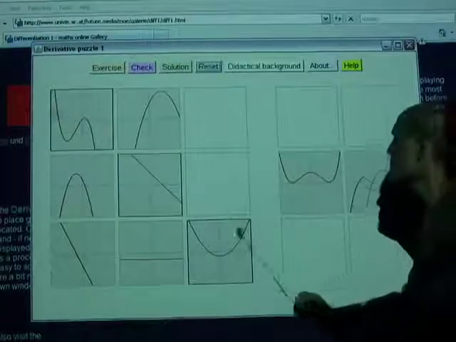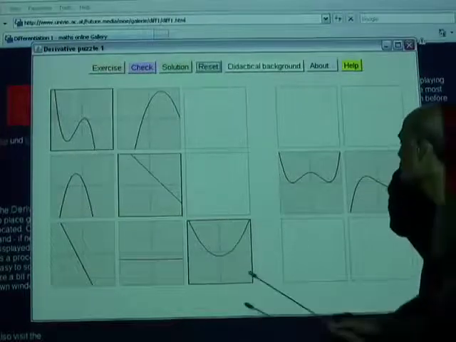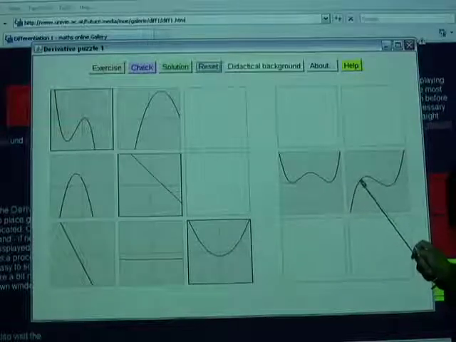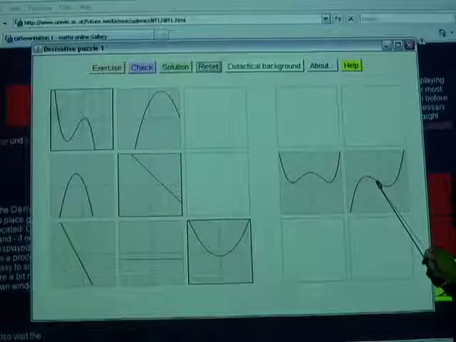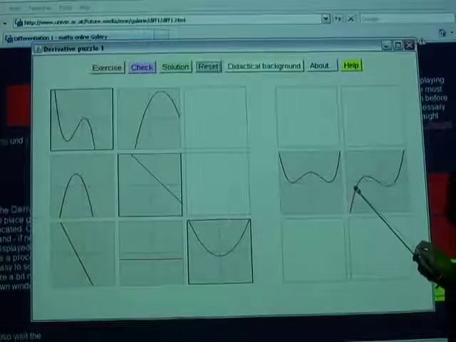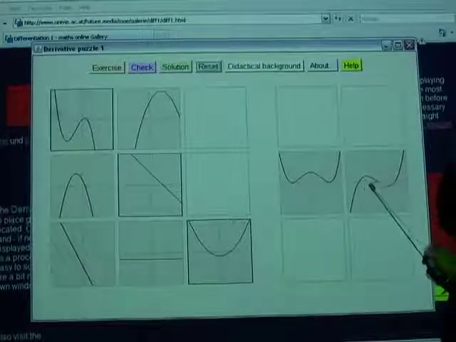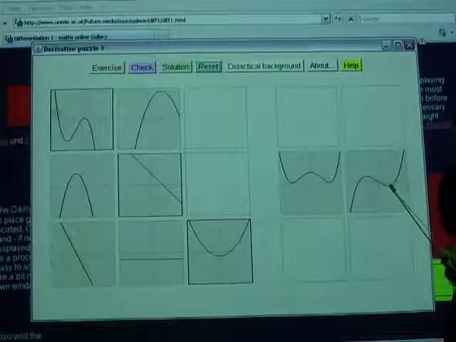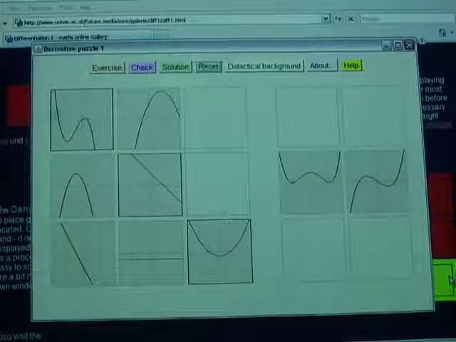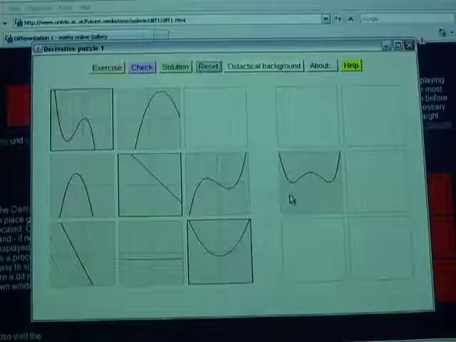That means the derivative is 0 at that point, and the derivative is 0 at this point as well. And if you look at this, it is concave down up to here. Concave down means the derivative will be negative. Is that right? Yes. And concave up over there, that means the derivative will be positive. Does it suit it? Let's put it there and see if that will work.